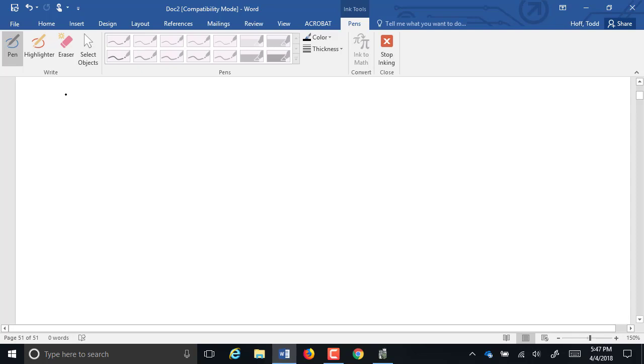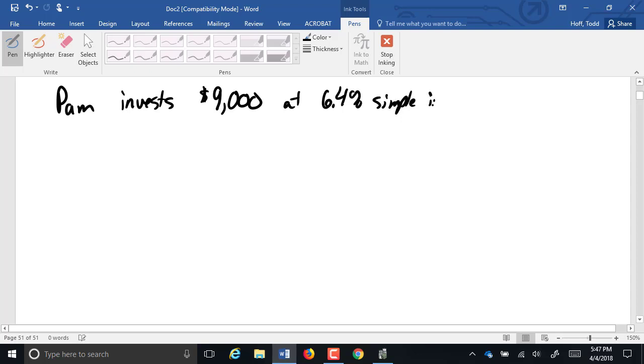So let's say that Pam invests $9,000 at 6.4% simple interest.